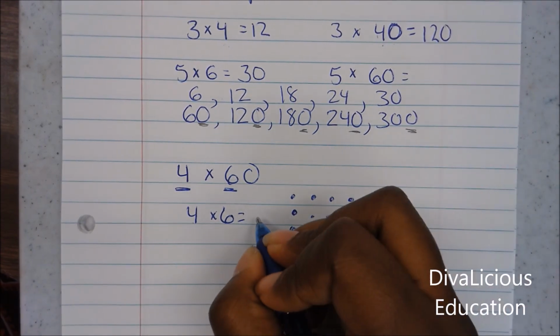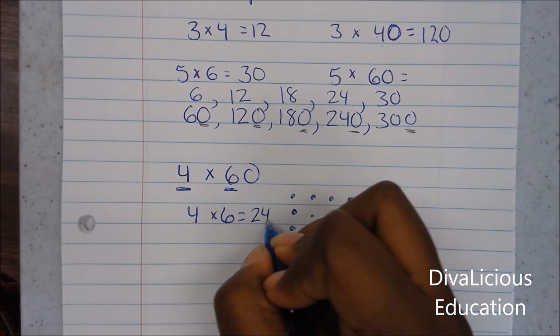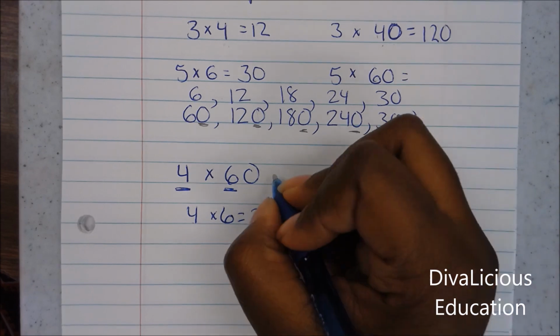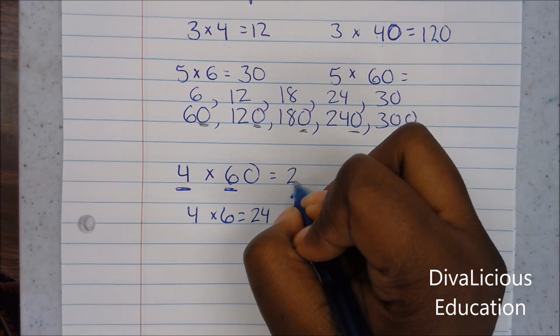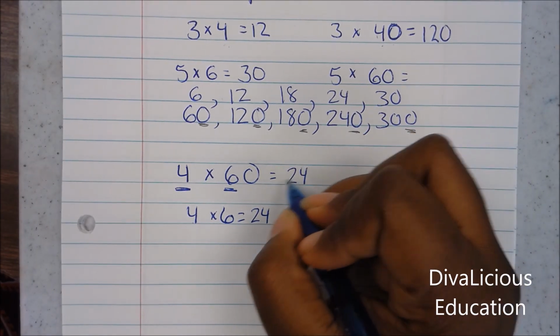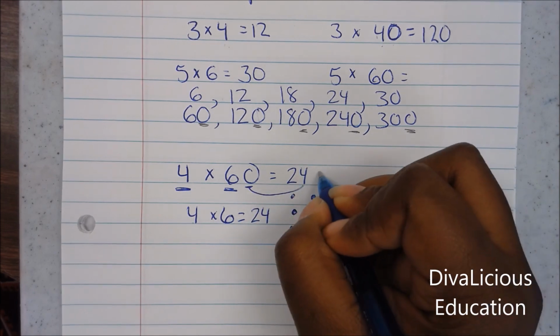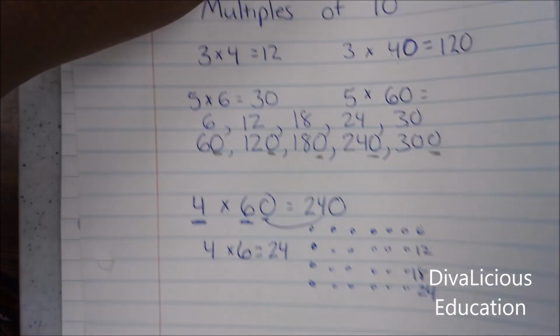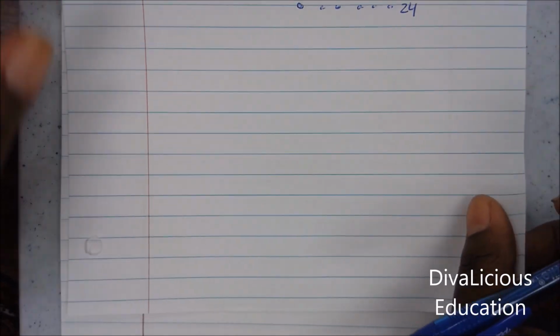So if 6 times 4 is 24, then 4 times 60 equals 24. No, I need to put that 0 over here. It equals 240. Are you ready to try another one? Good, let's try another one.